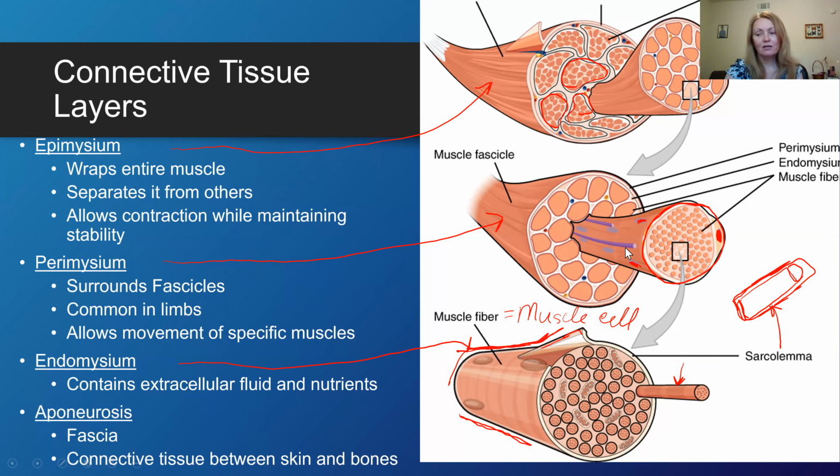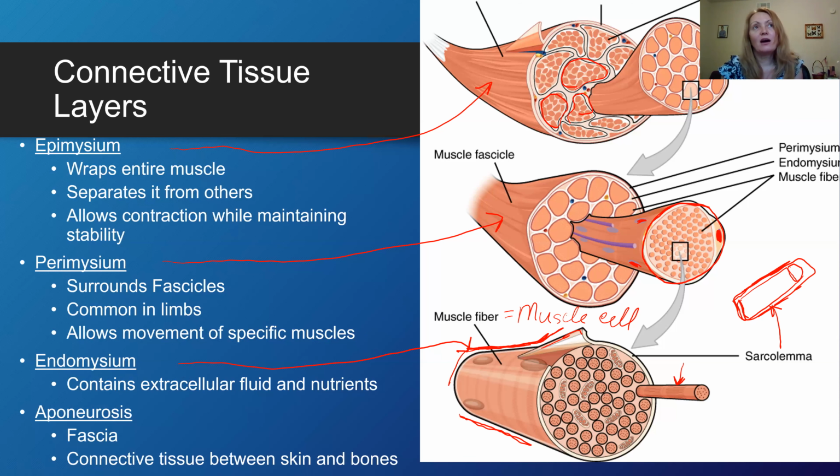So your muscles are pretty much bundles inside bundles inside bundles. Bundles of muscle cells are surrounded by connective tissue layers. Individual cells are surrounded by endomysium, then these individual cells form fascicles surrounded by perimysium, and then fascicles form an entire muscle, and the entire muscle is surrounded by epimysium.